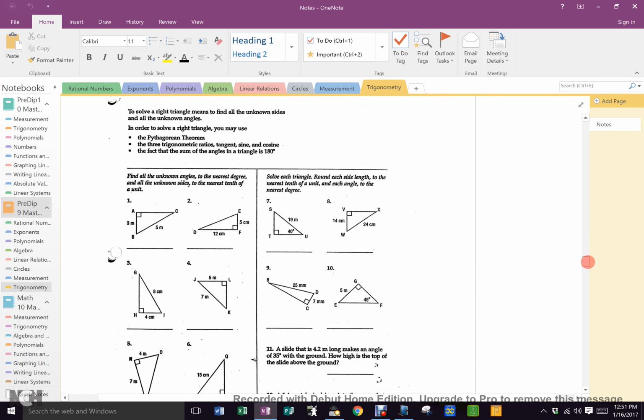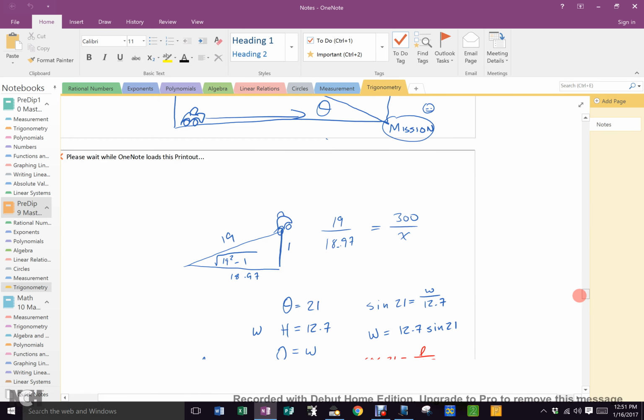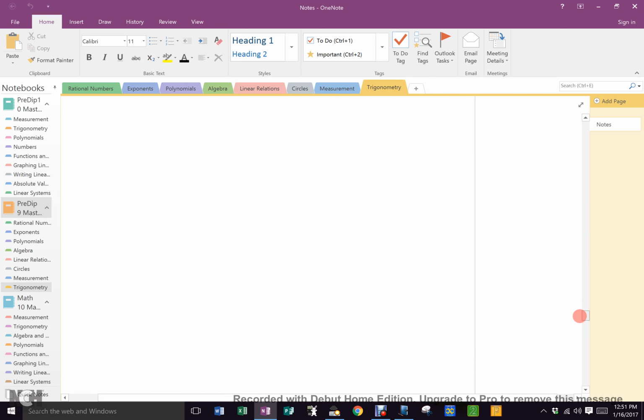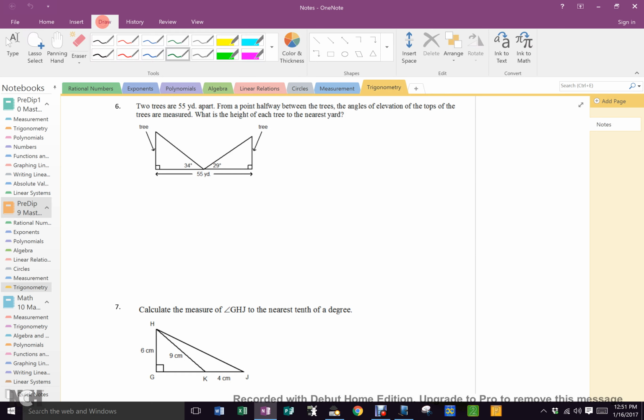I never gave you guys the right answers to that sheet, did I? Should have done that. I have this one, which is blue, and I have this one, which is red.